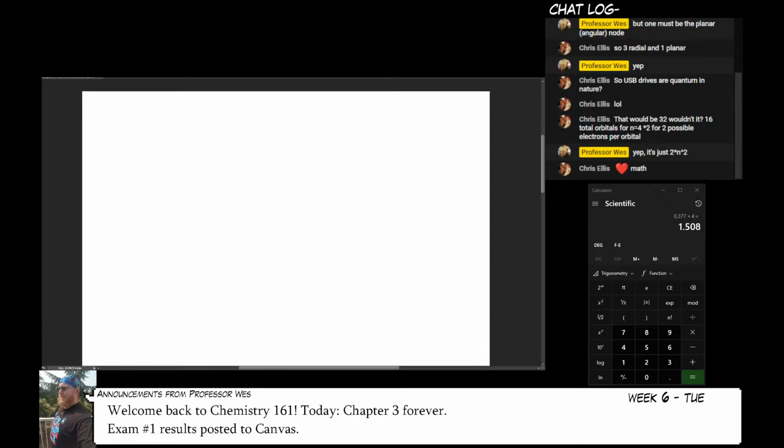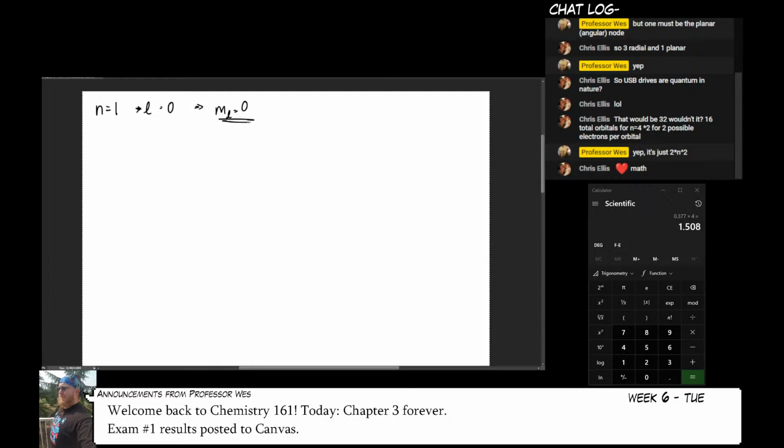All right. So what we're going to do is we're going to write out all the possible orbitals, and we're going to just keep doing this. So n equals 1, L equals 0, M sub L equals 0.